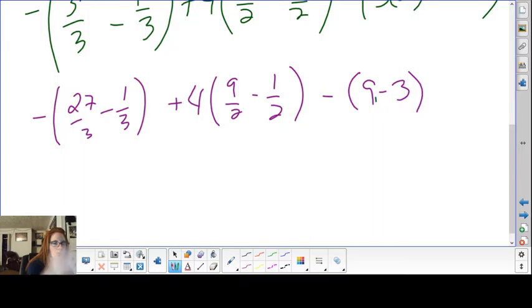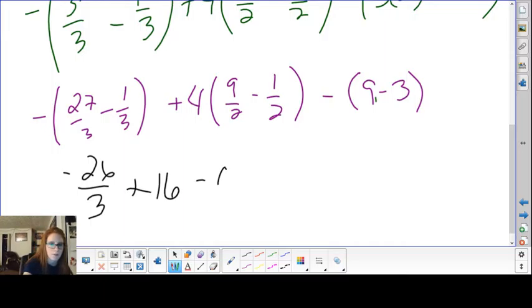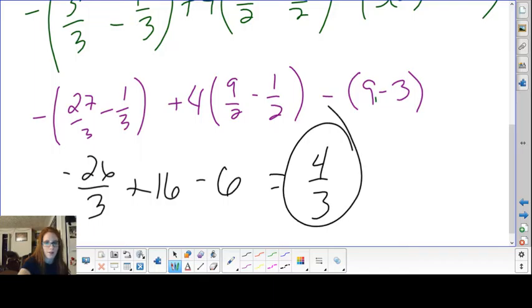Which gives me 27 minus 1 gives me 26, times the negative gives me negative 26 over 3. 9 minus 1 gives me 8. 8 divided by 2 is 4, times 4 is 16. 9 minus 3 gives me 6. I'm going to put that whole bad guy together. The area of that is 4 over 3, or essentially 1 and a third. So not terrible.